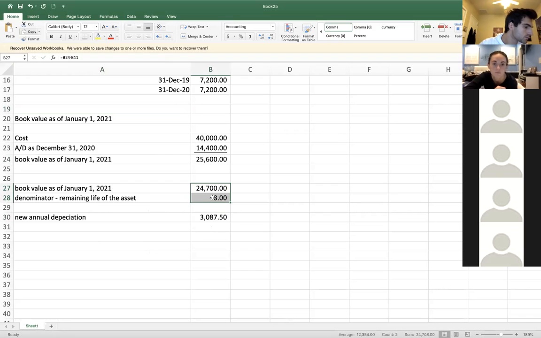There are other practice problems for a change in estimates. Several of them change the depreciation method. This one was a change in useful life and the residual value. So make sure that you take a look at those on change in an estimate.